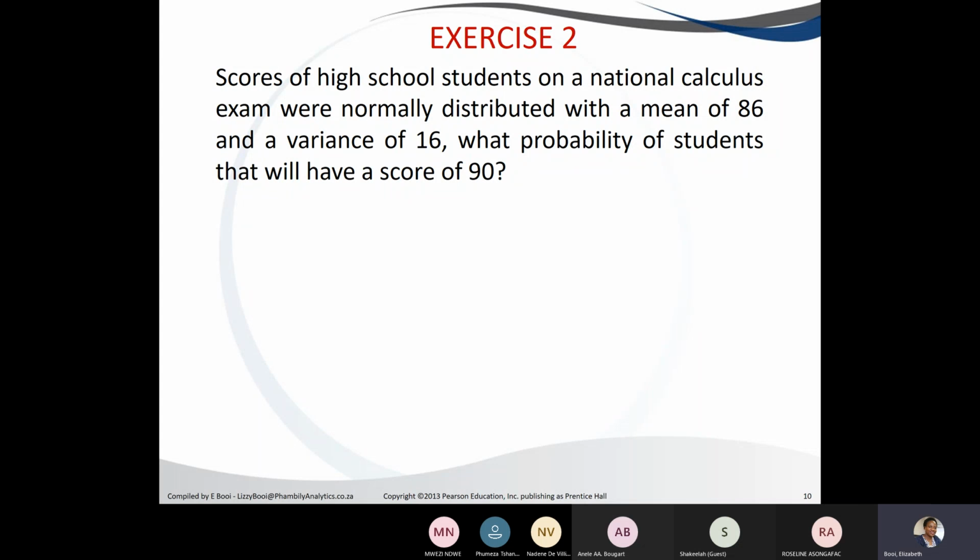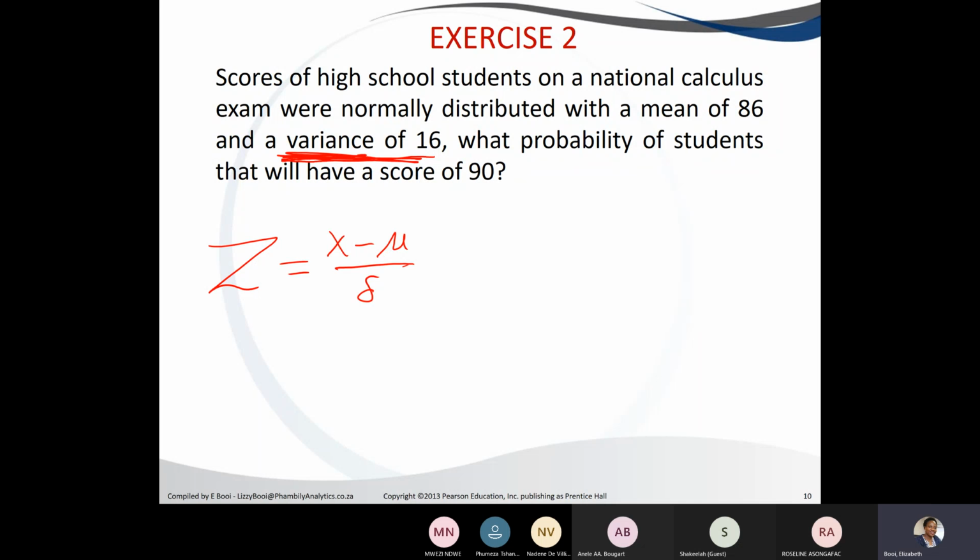The scores of high school students on a national calculus exam were normally distributed with the mean of 86 and the variance of 60. Now, you need to be very careful when you read the question. Remember, the formula is Z equals your X minus your mean divided by the standard deviation. This is the variance.